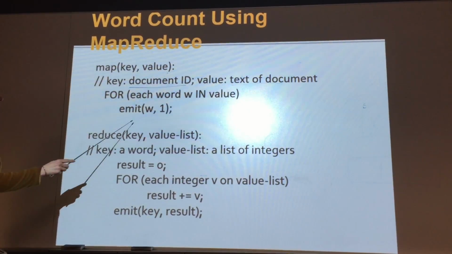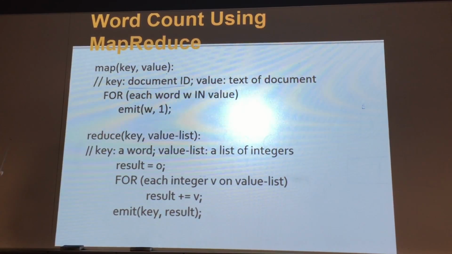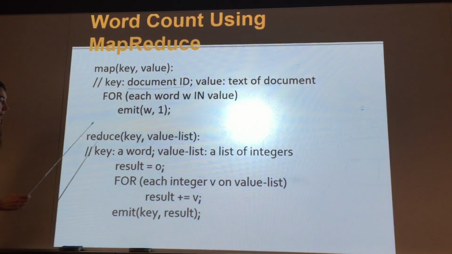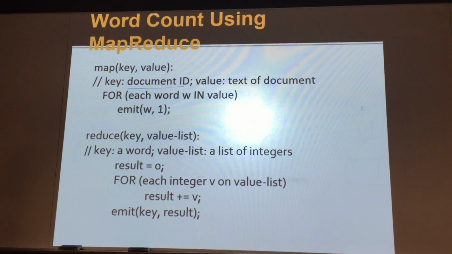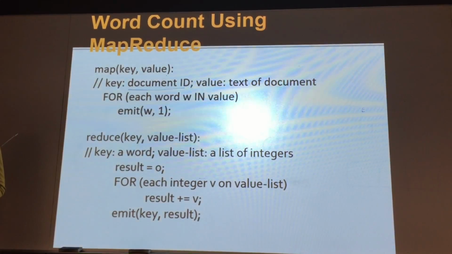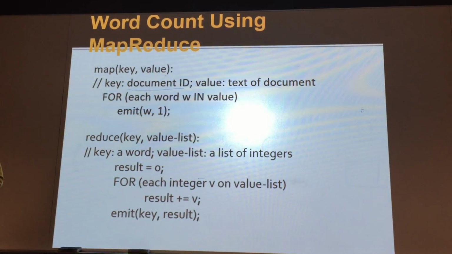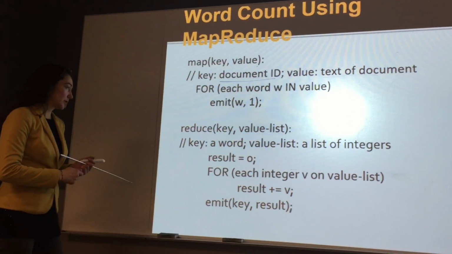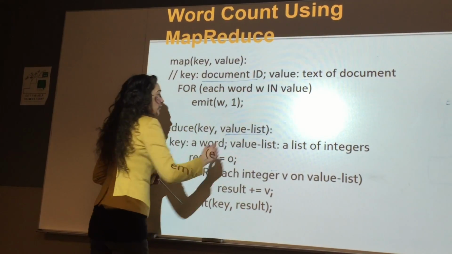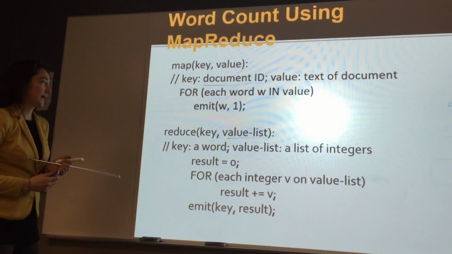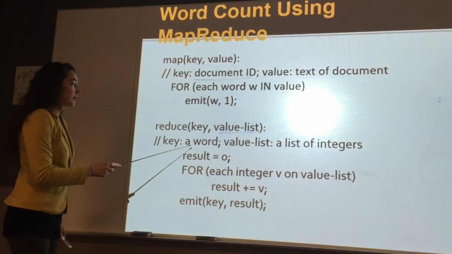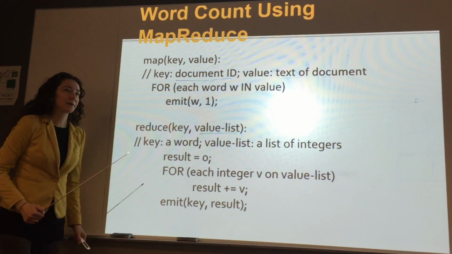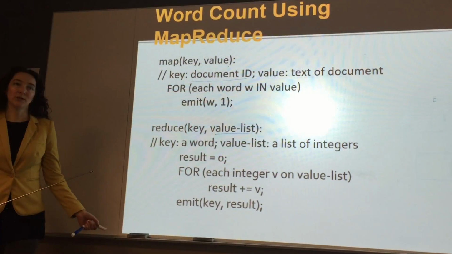The reducer will take this. So it will take a key and a list of values. And the reason you have a list of values is because we combined these together, right? These same words were combined together. So it will have a list for all of the words that were of the same type: a word and a list of integers. So let's say bear occurred once in one document, bear occurred once in another document.